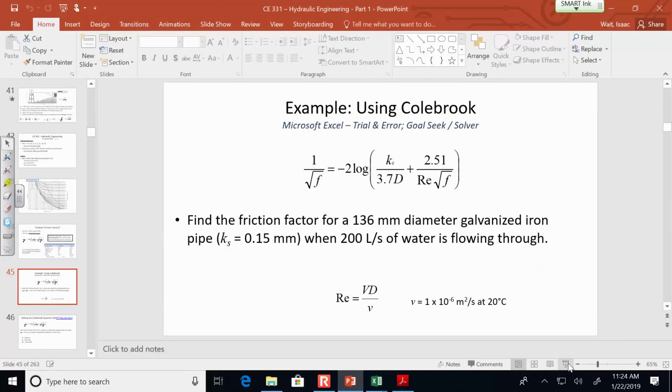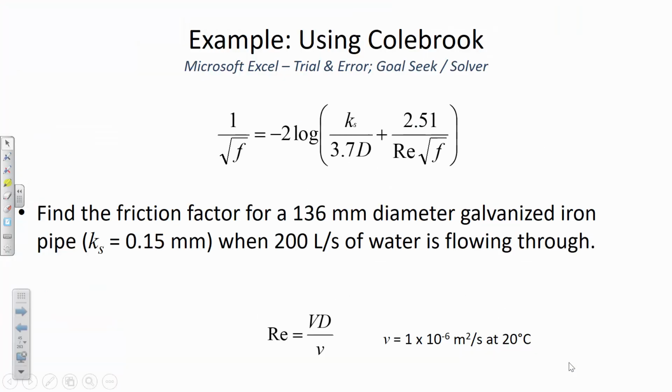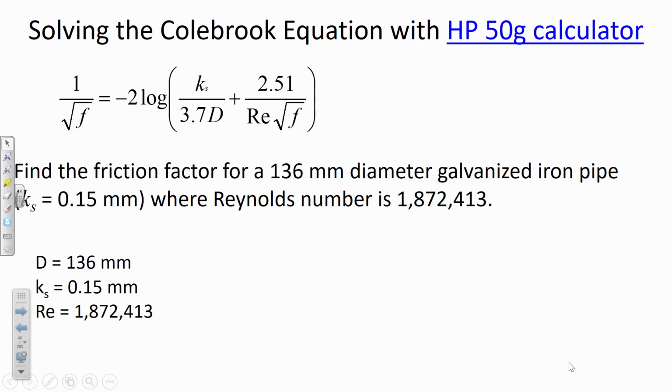Okay, so that's the Colebrook equation, and it's always valid. There is also a way that you could put the Colebrook equation into your calculator and solve it using the numerical solver. I think most people here have Casio calculators because that's what you're encouraged to purchase when you're a freshman.